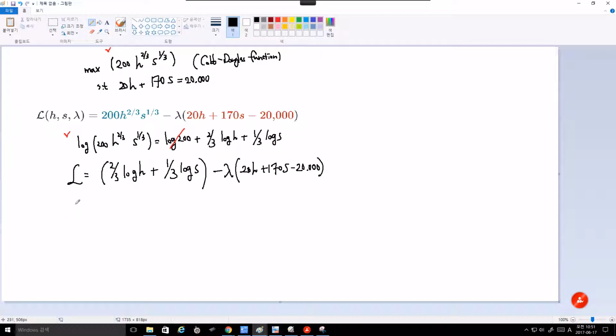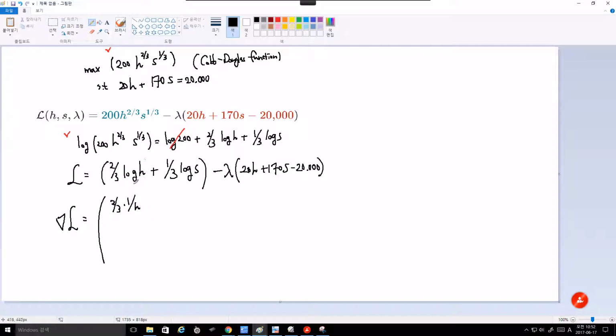We can simply calculate the gradient, del of the Lagrangian. So for the first part, if we take the derivative with respect to H, the derivative of log H is 2/3 times 1 over H, right?